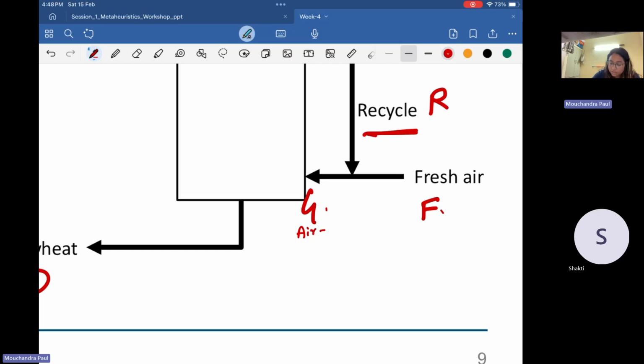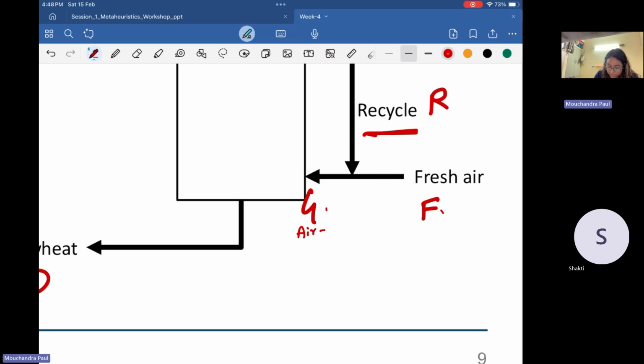I'll just quickly calculate. 0.992 and 0.0077. If you add these, you will get 1, so you have done it correctly.